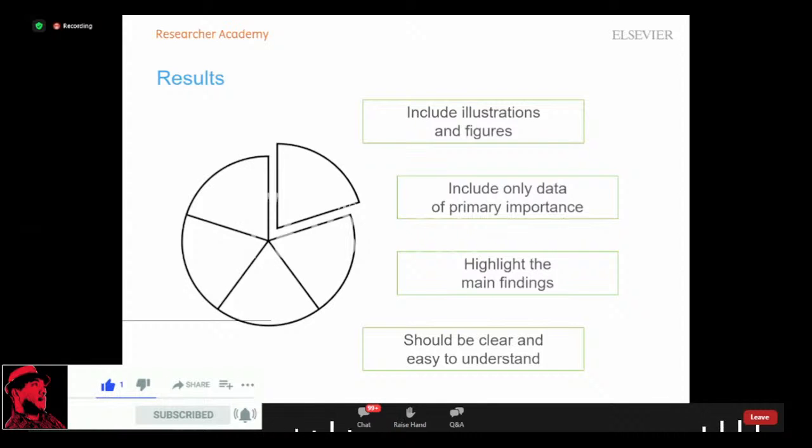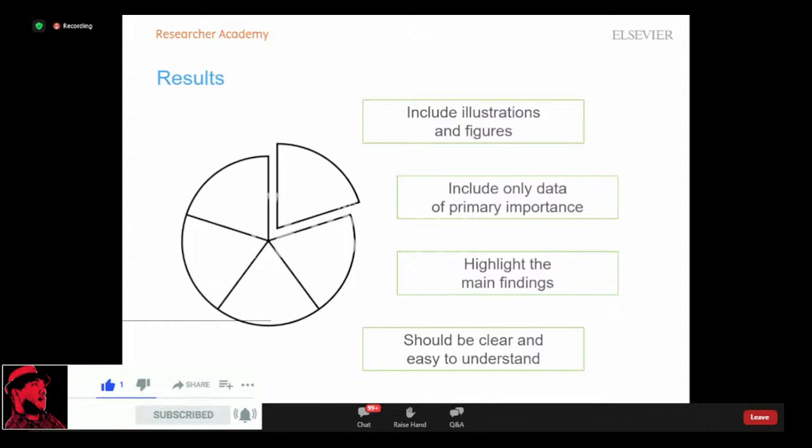So any data that you have that is of secondary importance should be put into supporting or supplementary materials section. The legend that you use for a figure should be very brief. It should contain sufficient explanatory details to explain the figure without the need to refer to the text.